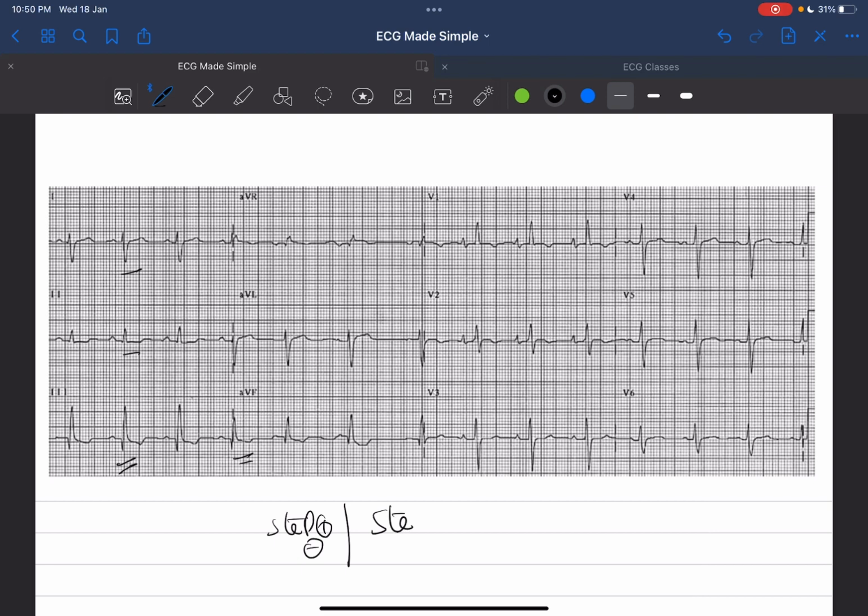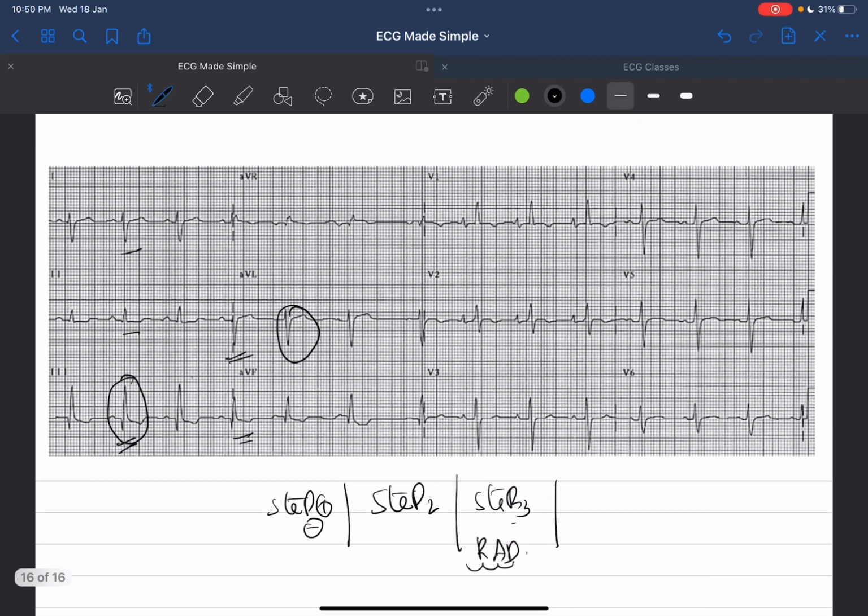So step 2, I am looking at lead 3 and AVL. In my step 3, I'm seeing that lead 3 has the tallest QRS complex and AVL has a negative QRS complex. So this is an example of right axis deviation. Now coming to the degree.